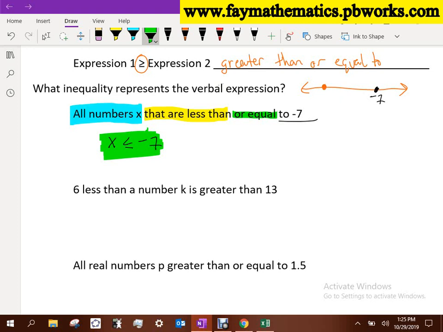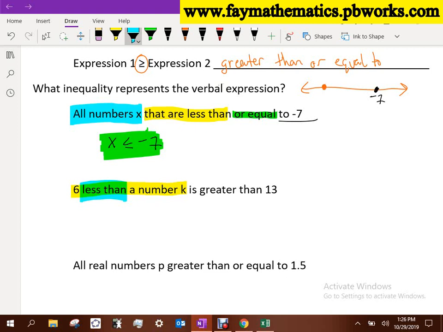When we look at this one down here, this was a little bit different. Okay. I'm going to read it left to right again. It says 6 less than a number k. That phrase right there, less than. If you remember back to chapter 1, we said that when we saw the words less than, it actually makes us flip the way we read it.